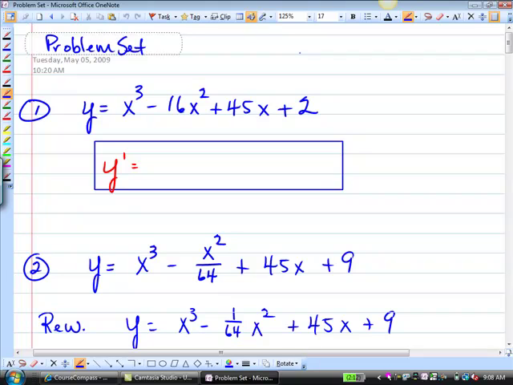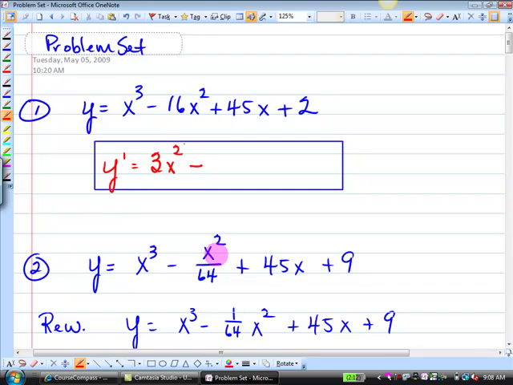Okay. All right. So we've got a polynomial. We're going to take the derivative of it. Each piece we can take the derivative of. If we have x cubed, what's the derivative of x cubed? 3x squared. Okay.